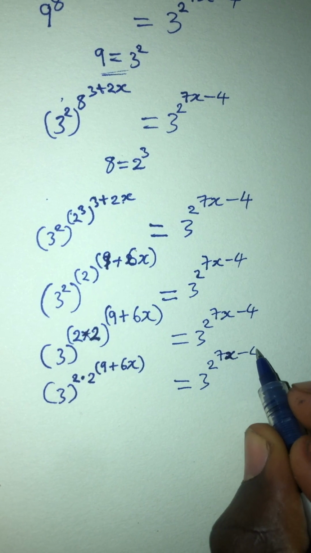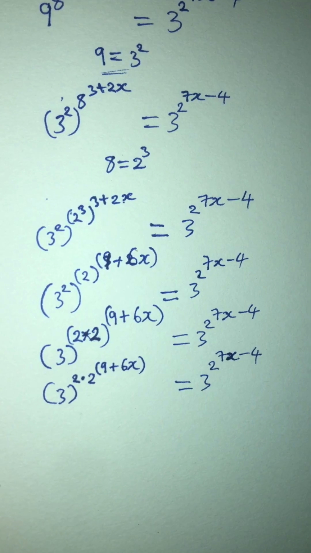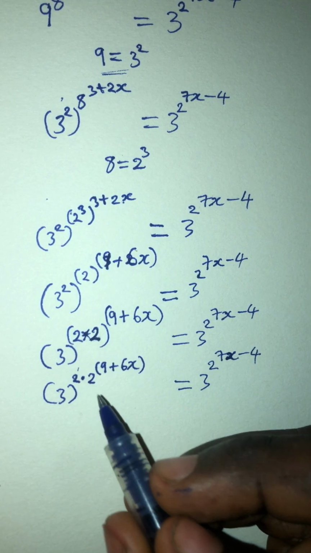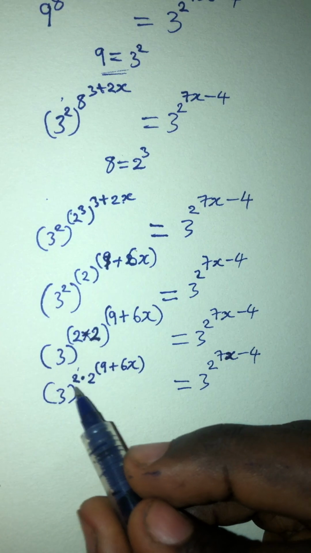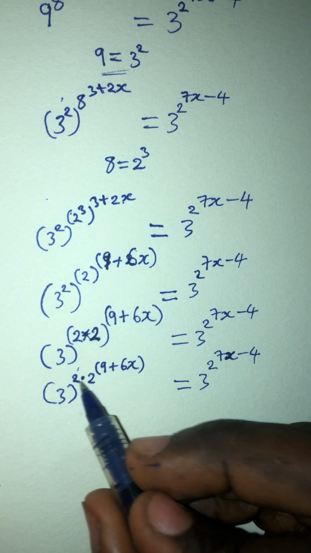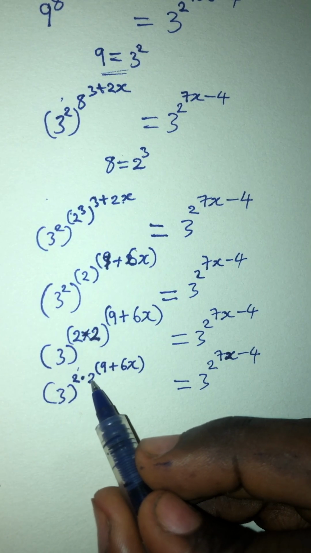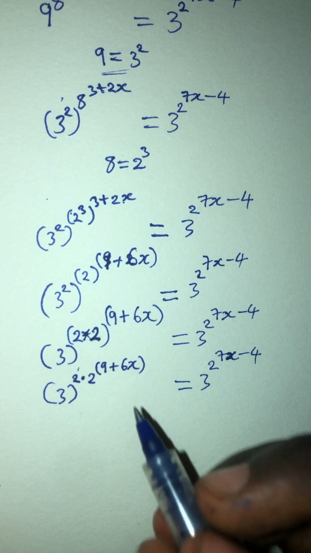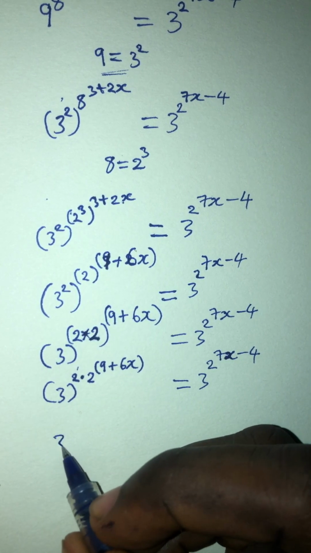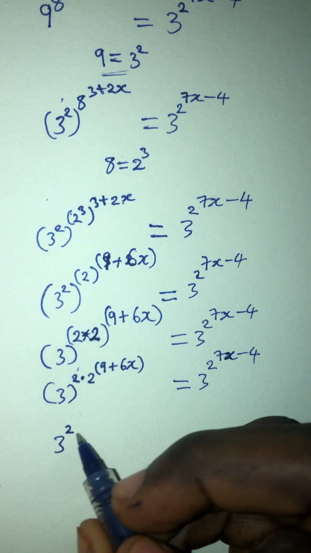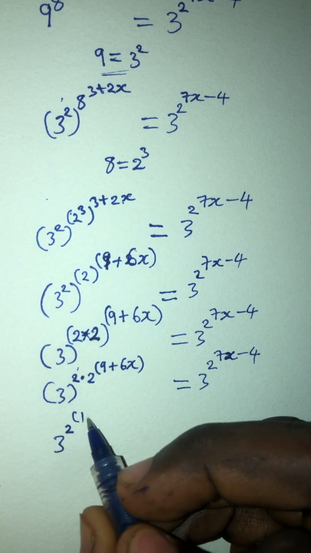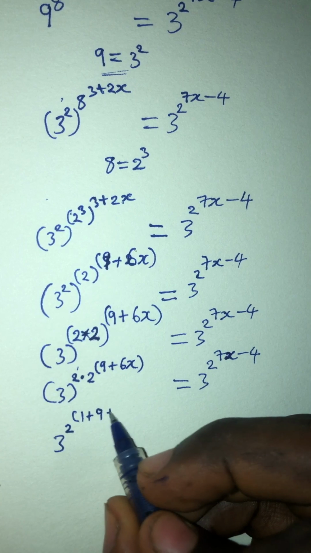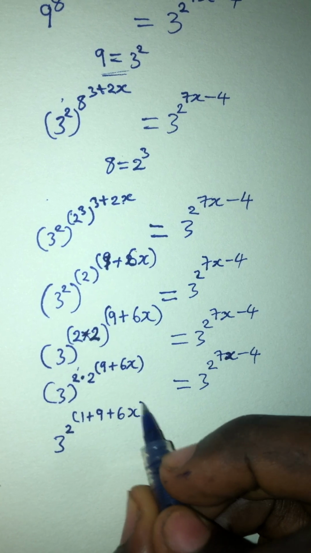So from here now, we know that here we have an imaginary 1. Because of the law of indices, we're going to add this 2, because 2 is multiplying 2, to the exponent. So this will be 3 raised to power 2 raised to power 1 plus 9 plus 6x.